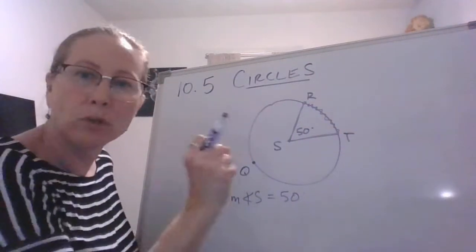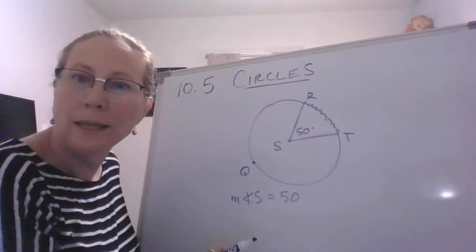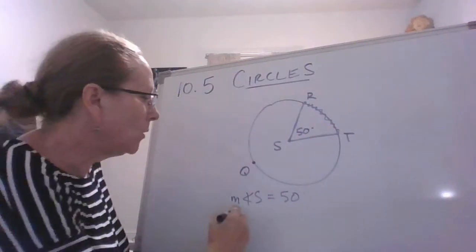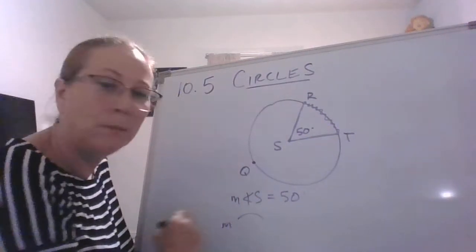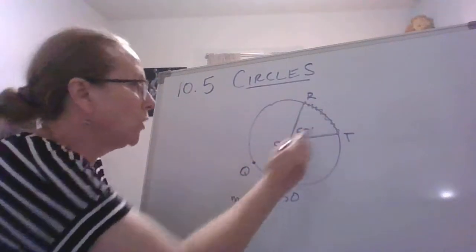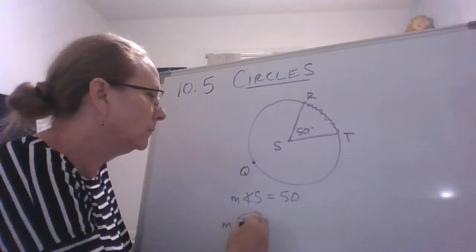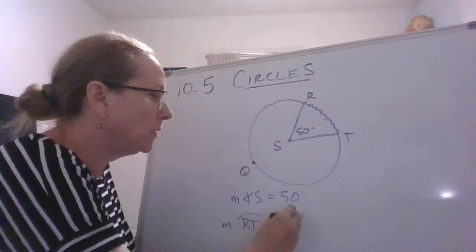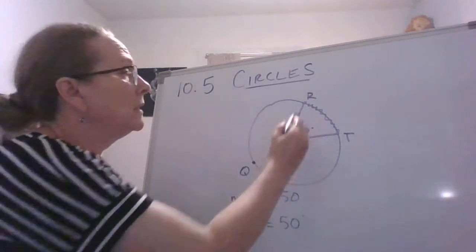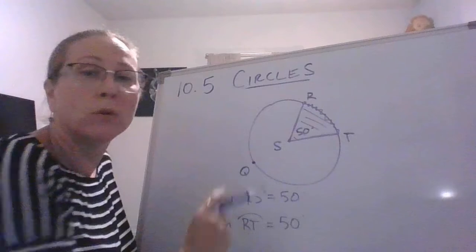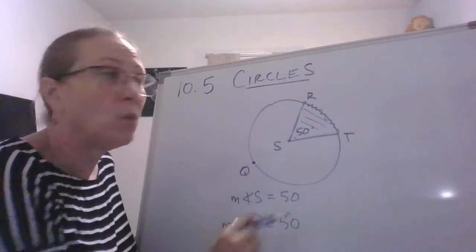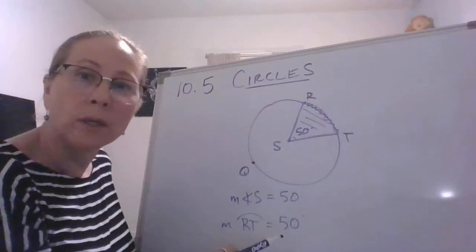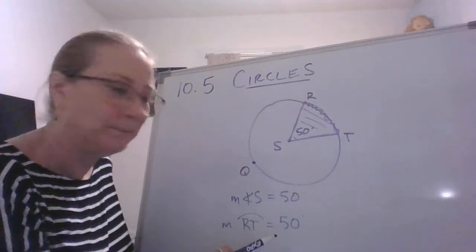So that arc is intercepted or caught in that angle. So we can say little m, just like angle, the measure of arc RT is also 50 degrees. So that means if we're having a 50-degree pizza slice, we're also getting 50 degrees out of 360 for the crust.